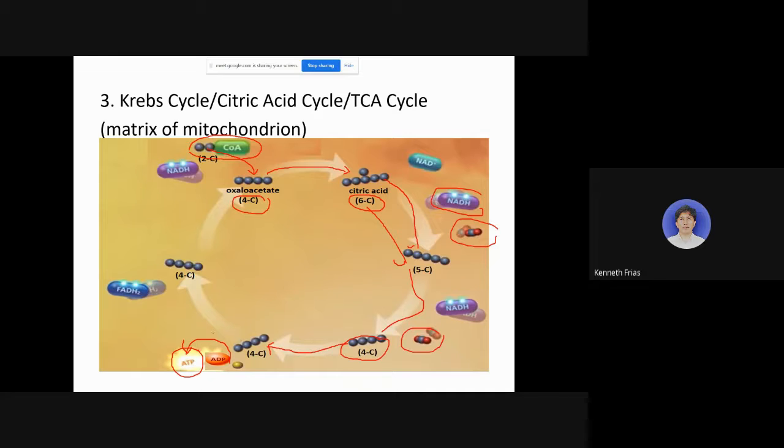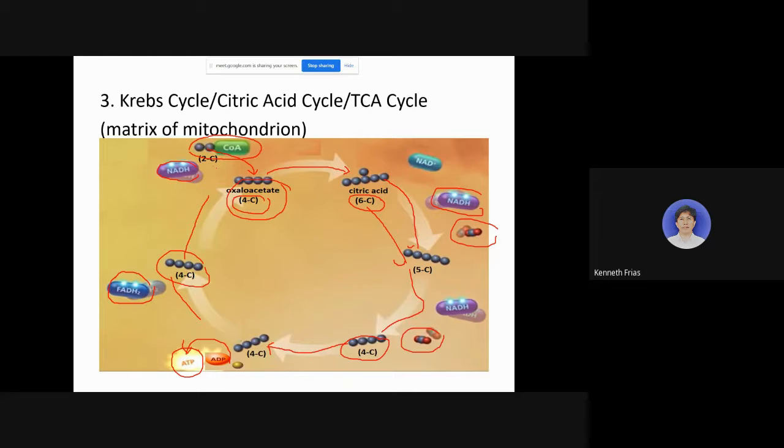And then furthermore, it will still react with another electron carrier called FAD or flavine adenine dinucleotide, and it will become FADH2 or flavine adenine dinucleotide hydrogenase. And then another with NAD, which will become NADH, and then this four carbon will be transformed back into oxaloacetate. So that is the Krebs cycle.